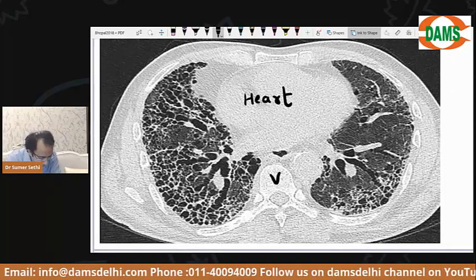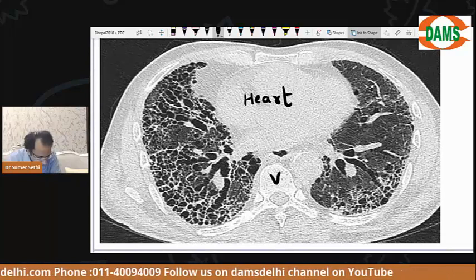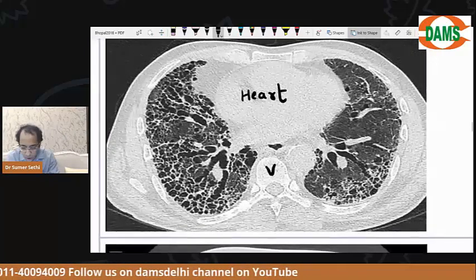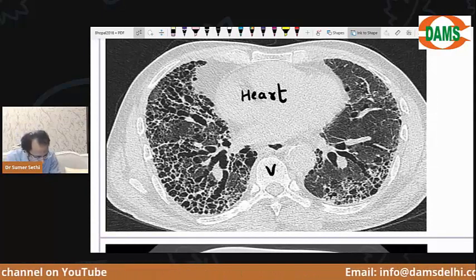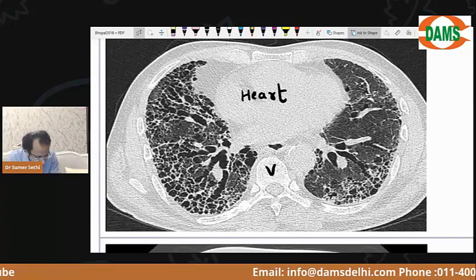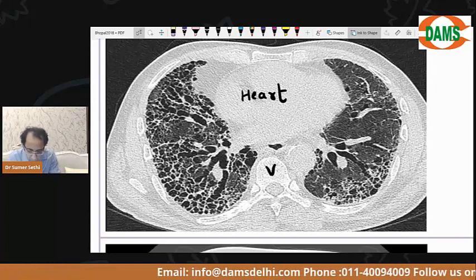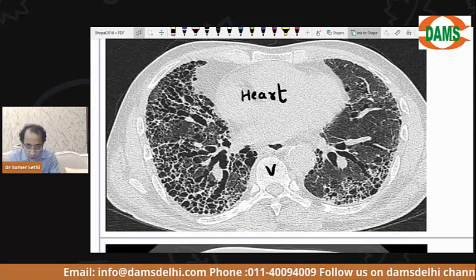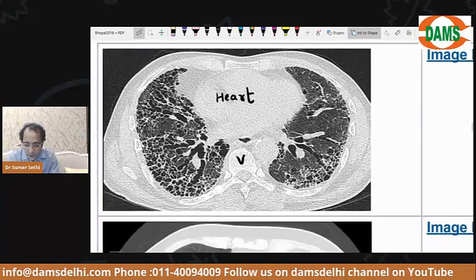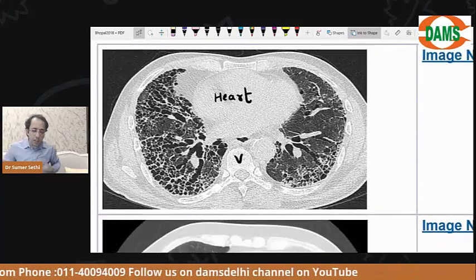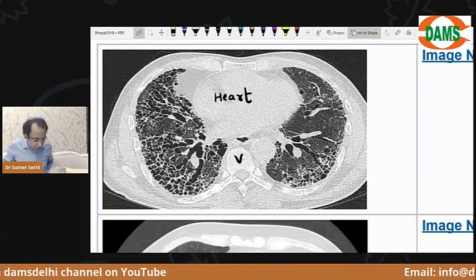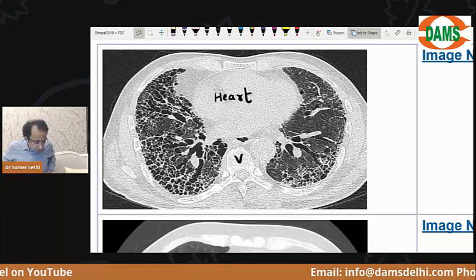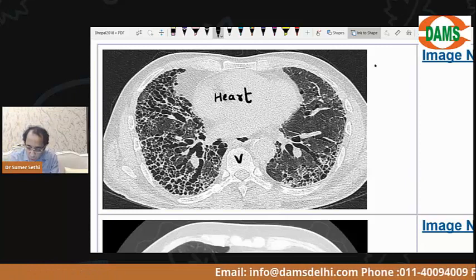My question is, are we looking at the lung base or lung apex? If this is your heart, is this the apex, or is it a section through the base? This is a section through the base.